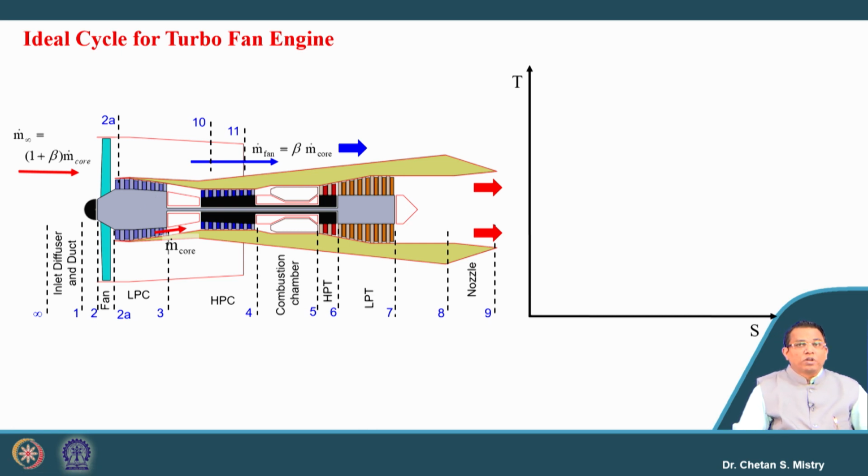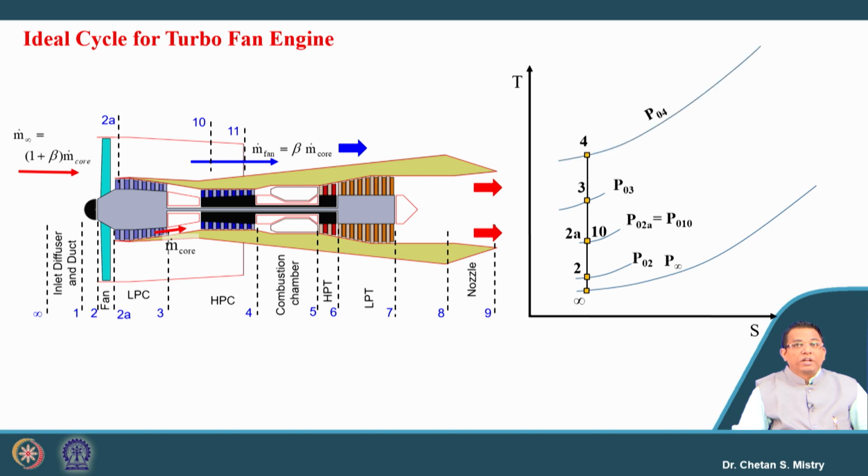Now in terms of the thermodynamic cycle, we have represented this cycle. Let's look at the ideal cycle. There is a specific reason behind selecting this; you will realize very soon. Process infinity to 2 represents my intake, and here this represents the ideal compression work in the fan. This represents the work in the compressor.